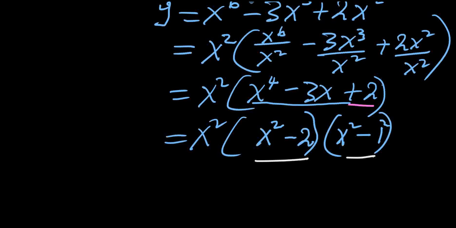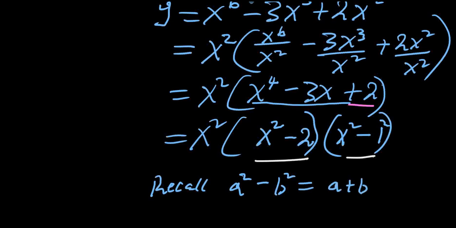Okay, if you are familiar with difference of squares, just recall that if you have a squared minus b squared, this simply gives you the sum of a and b and the difference of a and b.